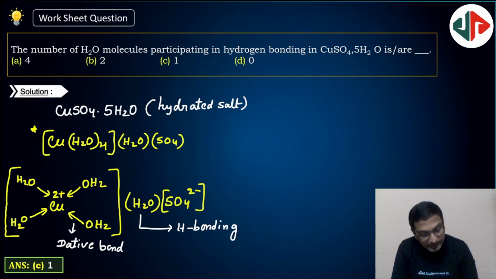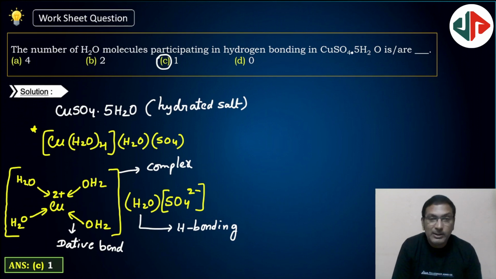Therefore, option C. So very important: 4 water molecules are bonded with Cu2 plus with dative bonds, and one water molecule is outside of the complex. So this will be the complex. This outside water molecule can participate in hydrogen bonding. Therefore, only one water molecule.